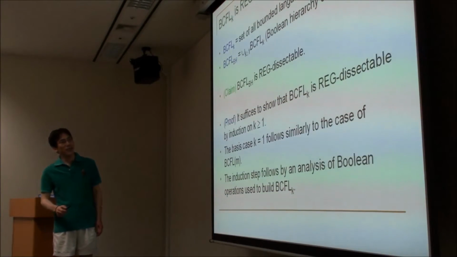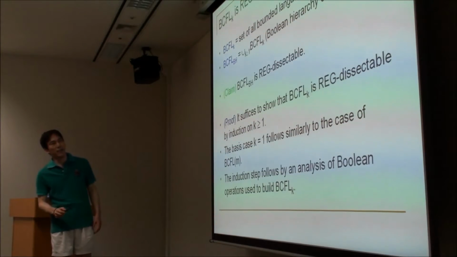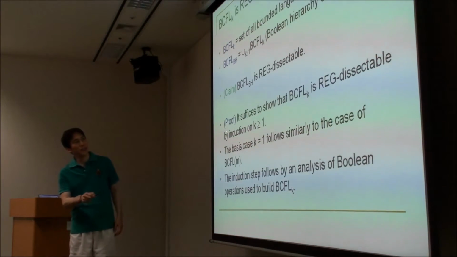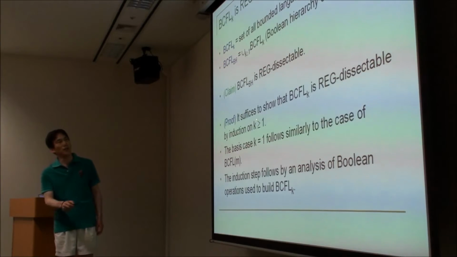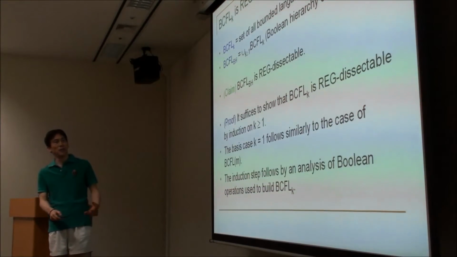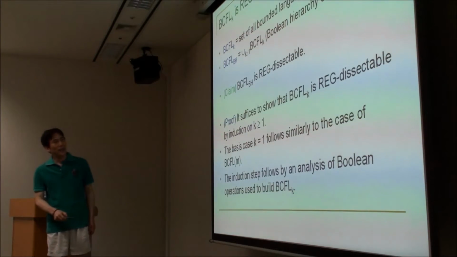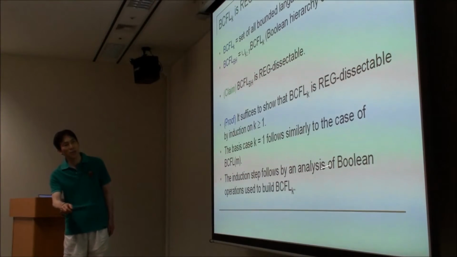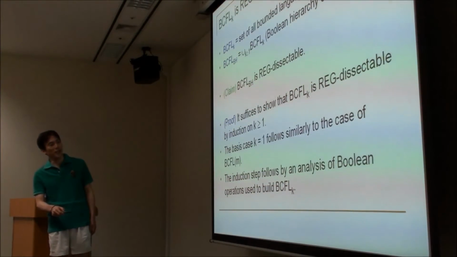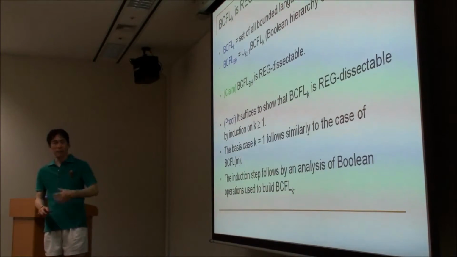The argument is quite simple, using induction on the level k. The first level is very similar to the case of BCFL_n. For the induction step, we use the property of the Boolean operation in the even level and the odd level.